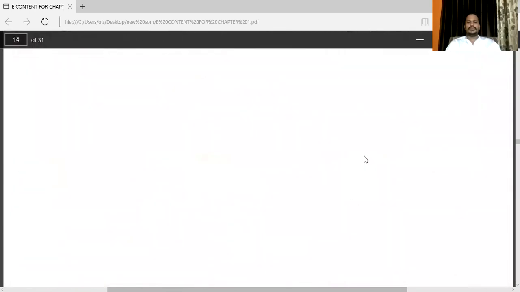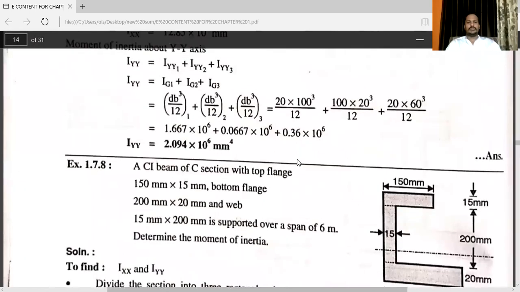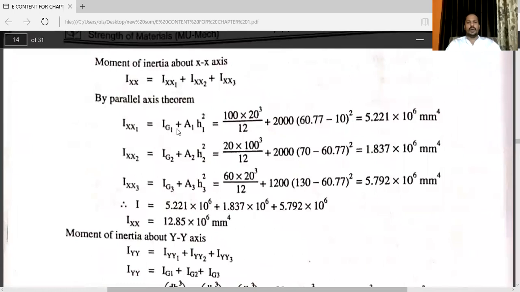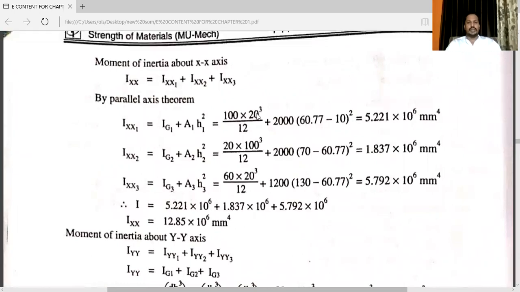So you will get the values of Ig1, Ig2, and Ig3: 100 into 20 cube by 12, 20 into 100 cube by 12, and 60 into 20 cube by 12. Plus, for Ixx, A1H1 square, A2H2 square, and A3H3 square. You can see the diagram.